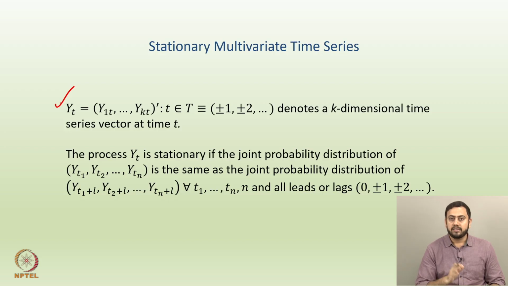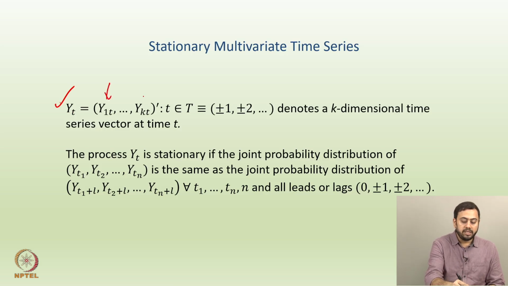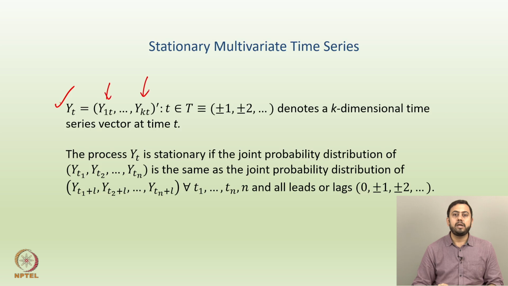Again, just to repeat, this yt is a collection of k individual time series processes, y1t, y2t, y3t up to ykt. Each one of these is nothing but an individual time series, and hence this is a k dimensional time series vector at time t.